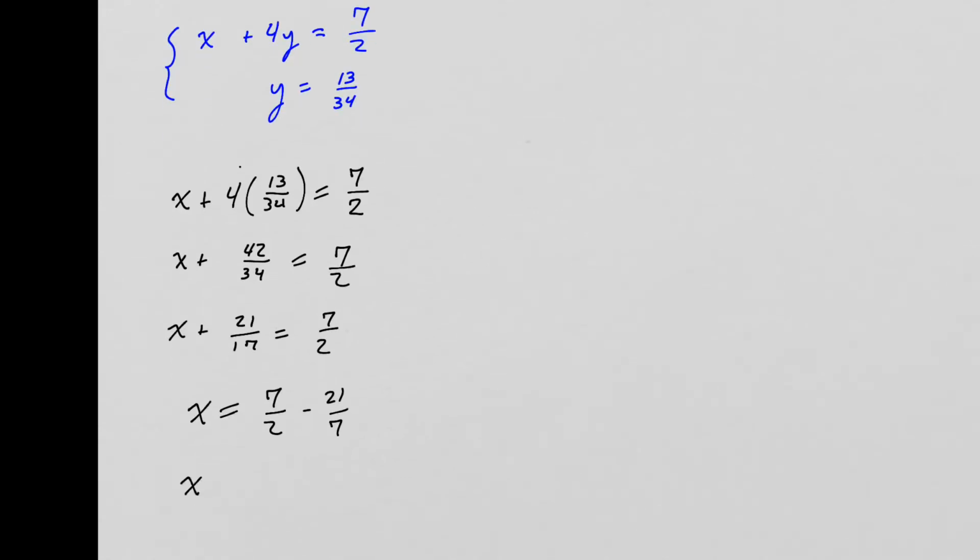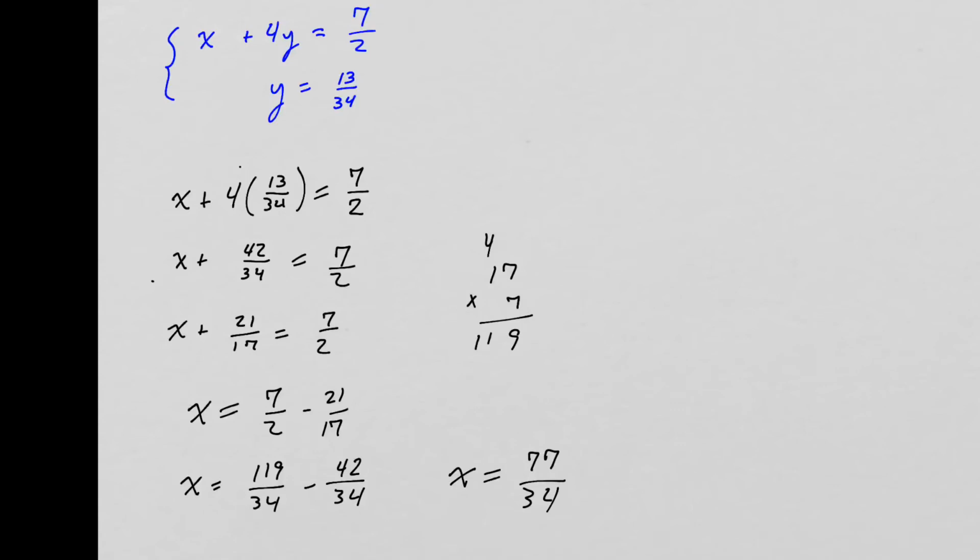And this gets us x equals, let's see, 17 times 7 is 119, so 119/34 minus 42/34. And so we're left with x equals, I should have picked a simpler problem, 77/34. Okay, so we've done this without a matrix.